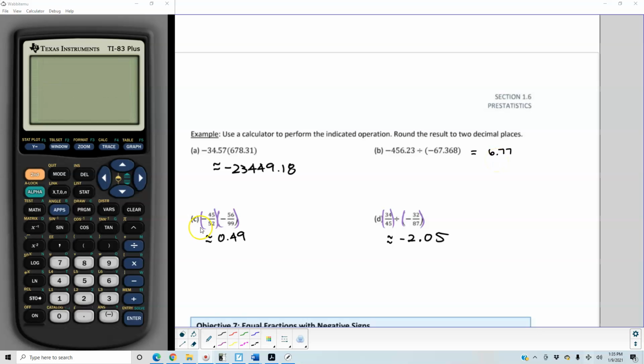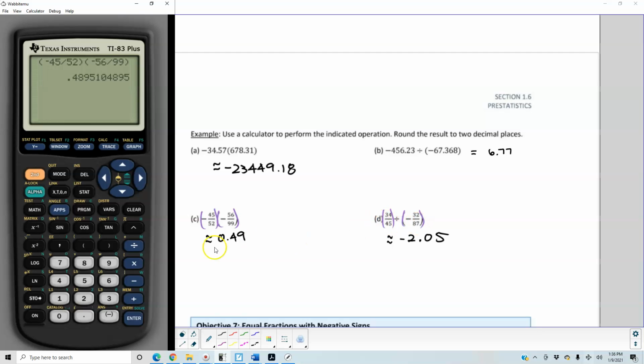The next example, part C, we have parentheses, use the negative sign, negative 45 divided by 52, close the parentheses, and then we're going to multiply it by another negative 56 divided by 99, and that gives us 0.489. We're going to round it to 2 decimal places, so we need to round that 8 up to a 9, which gives us approximately 0.49.